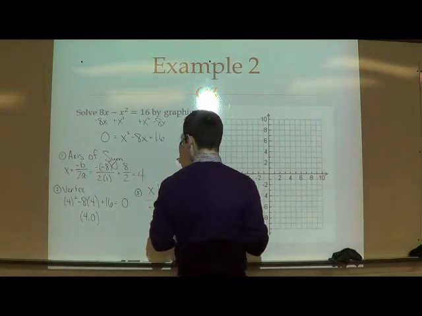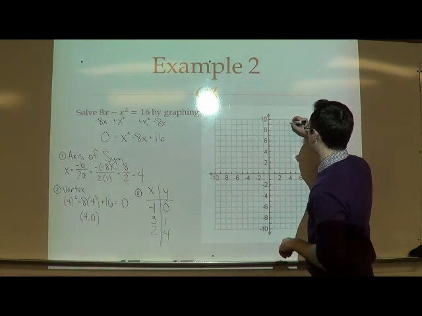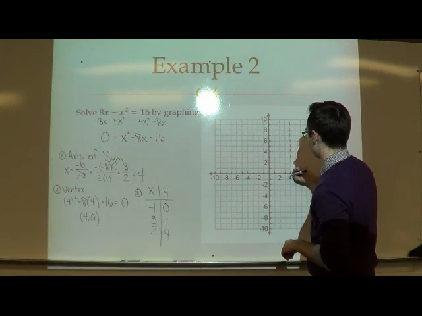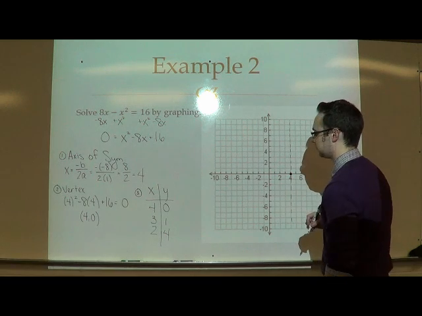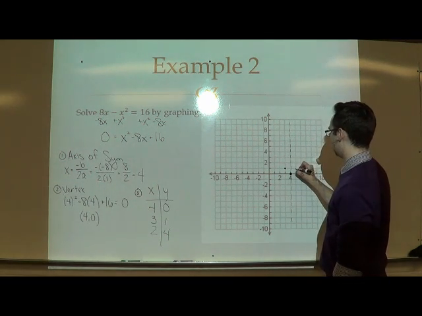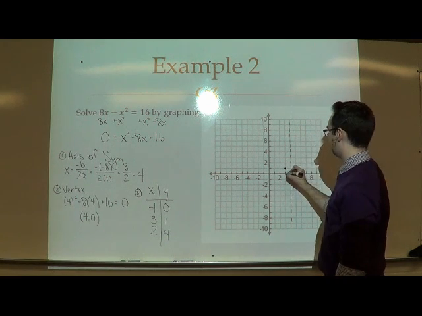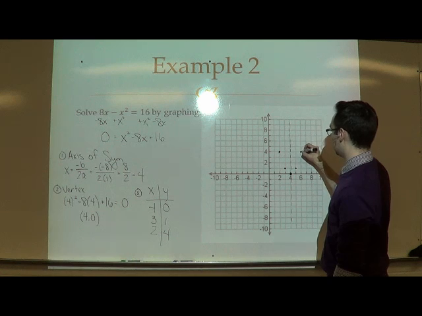And again, we'll mirror image those things. So the axis of symmetry occurs here at x equals 4. My vertex is on the x-axis. We have 3, 1, which will mirror over to 5, 1. And then we have 2, 4, which will mirror over to 6, 4.